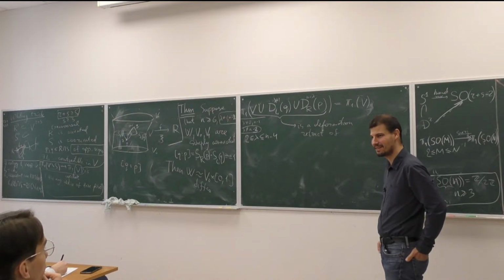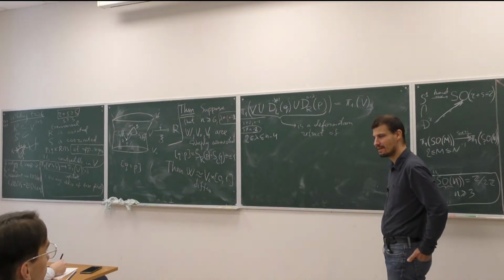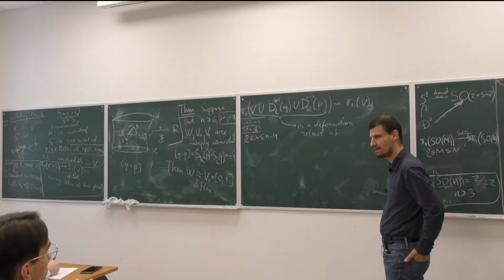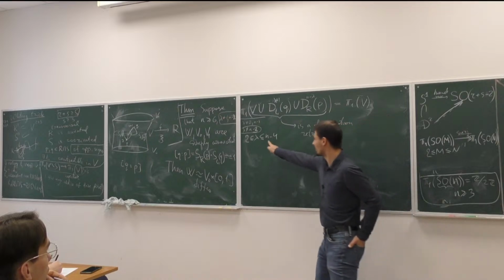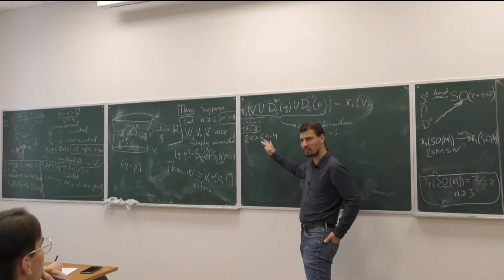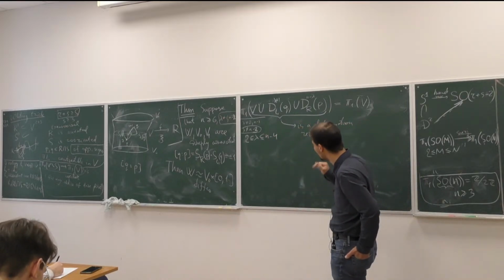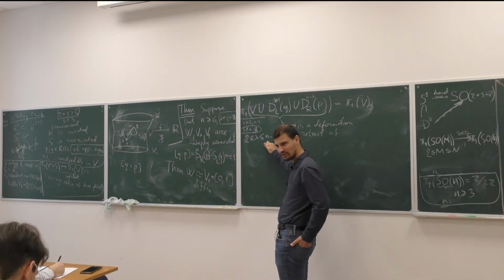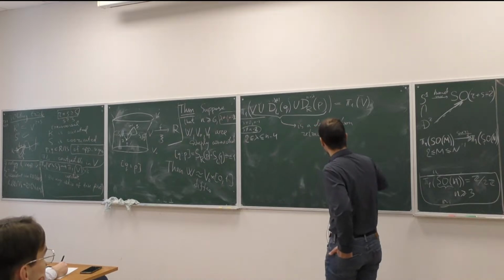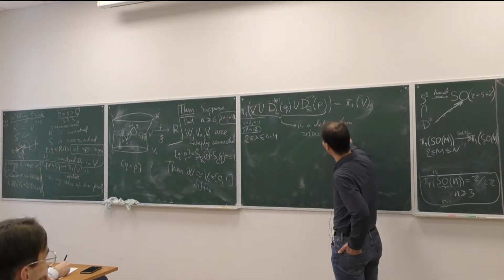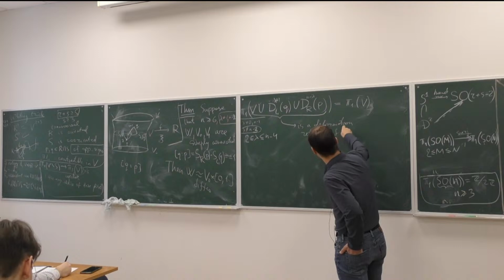I mean, can we change the range of numbers from 2 to n minus 3? We will need this later. At the moment, it is not n minus 3, but I want to have n minus 4 here to be able to apply it. So it is a deformation retract of W.